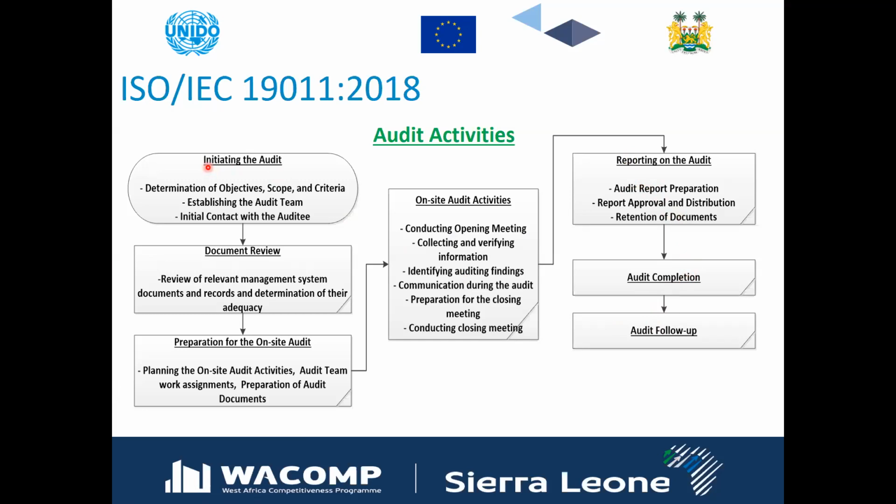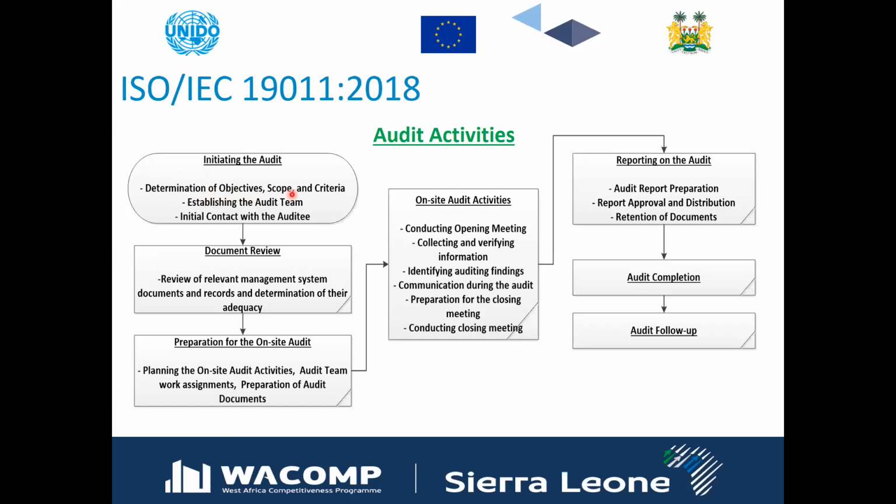Definitely, in initiating the audit, we have to determine the audit objective. What is the audit objective? Audit objective and audit scope: for example, if we are doing an ISO 9001 audit, then the criteria will be ISO 9001. As I told you, scope is the boundaries, and the scope will be the particular sites of the company.